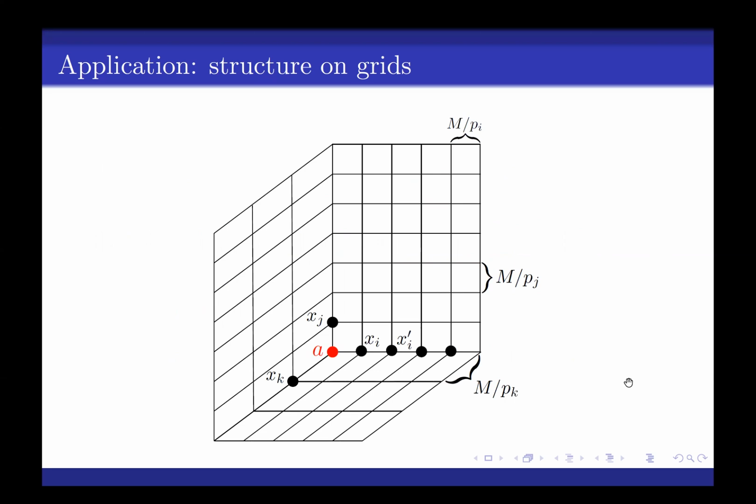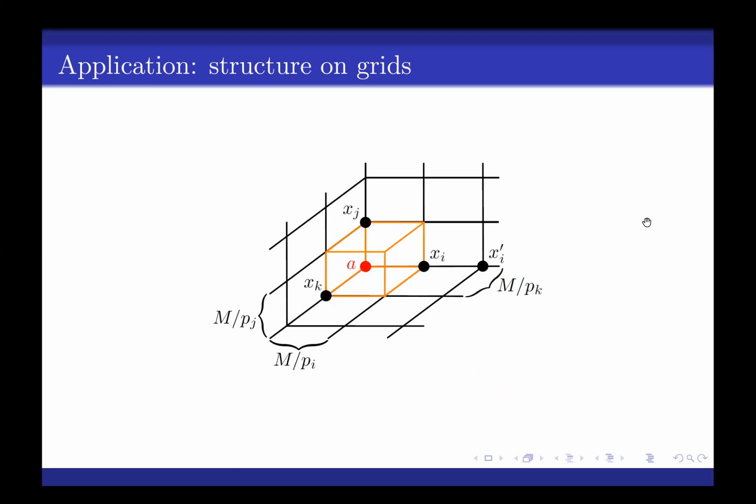Now I'm going to zoom in and consider the cuboid, the M cuboid, with vertices at a, xi, xj, and xk. Just imagine that you apply alternating plus and minus weights to the vertices of that cuboid. You can see that, since xi, xj, and xk are not elements of A, in order to balance it you have to have an element of A at the opposing corner across from a.